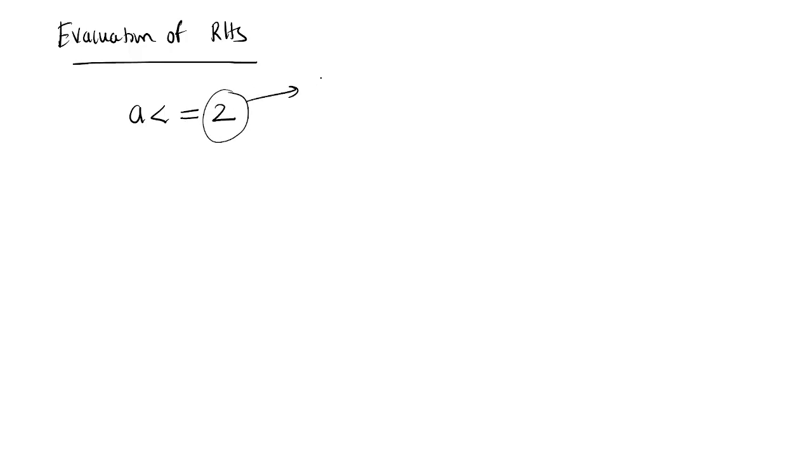So here, evaluation of RHS means what? In A non-blocking with 2, this RHS value will be evaluated. This evaluation happens in the active region.